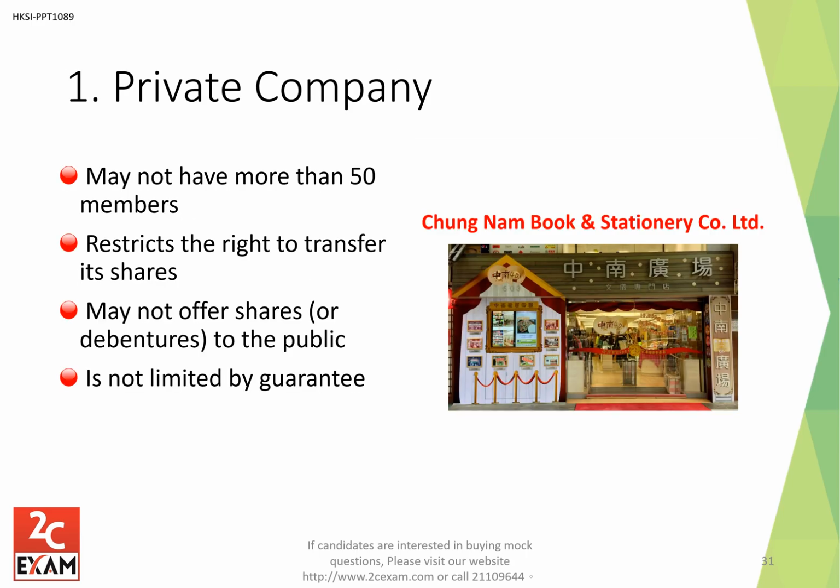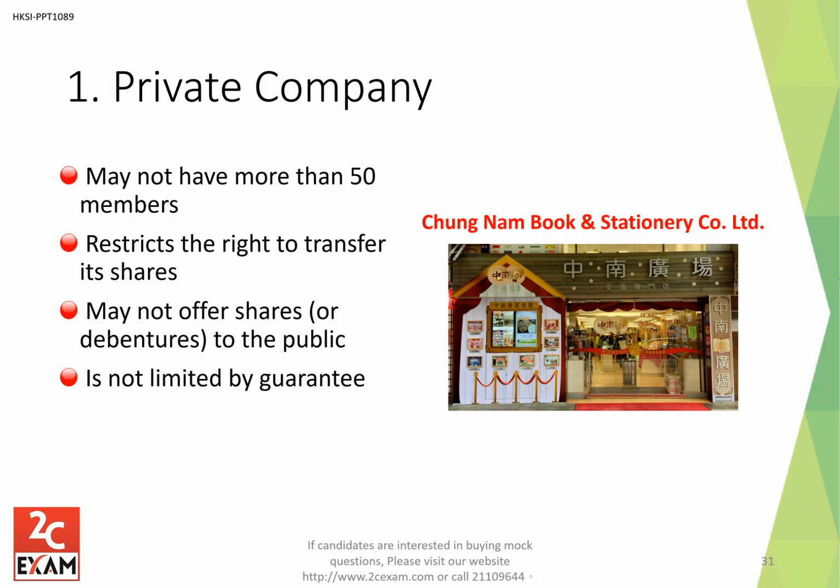What is a private company? A private company refers to a company that is established by oneself and may not have more than 50 members. The members referred to here are shareholders or bosses. As for shares, they cannot be freely transferred, sold to the public, or issued debt securities to the public. In other words, it is not possible to borrow money from the public.